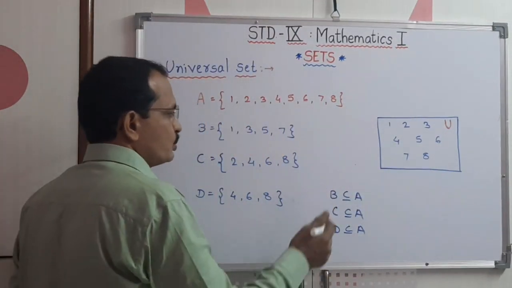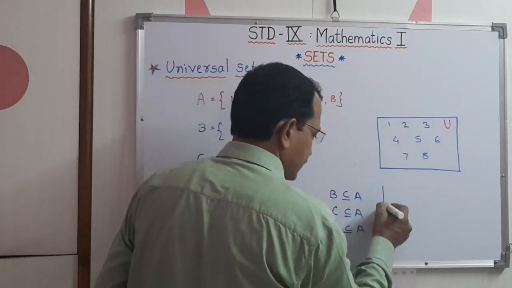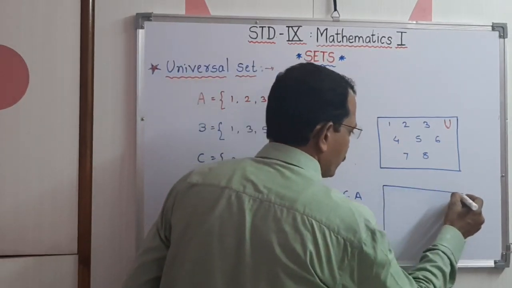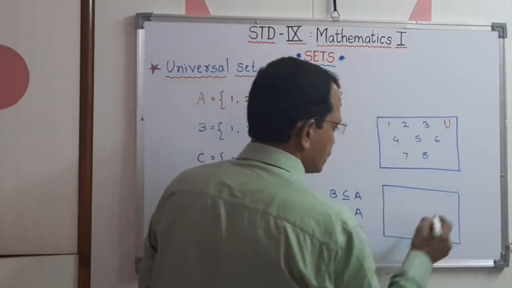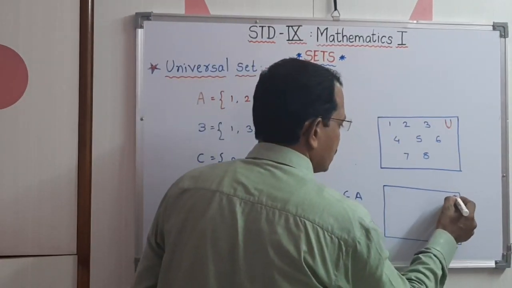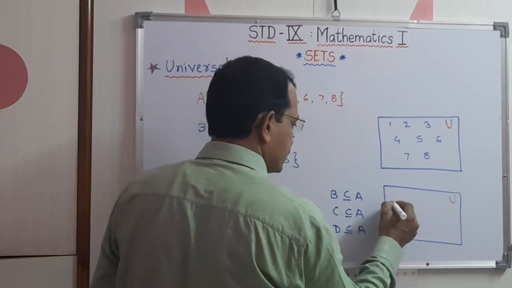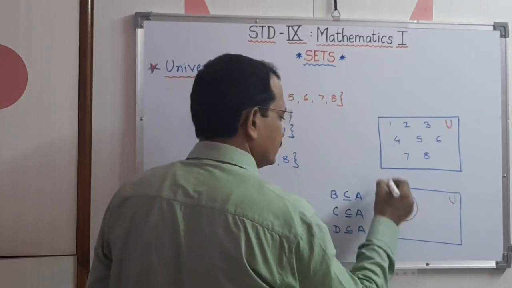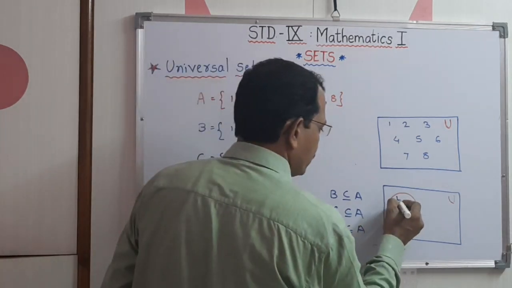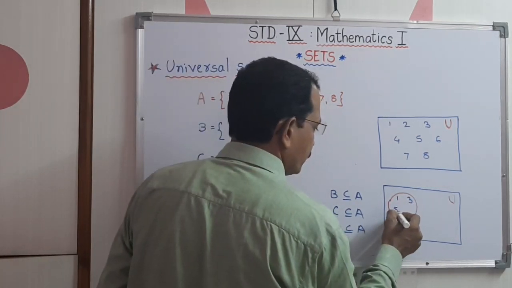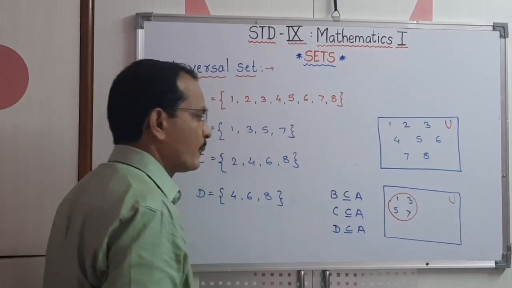Now, suppose we have to represent these sets. Here I write this universal set. In this universal set, suppose I draw one set, and in this set I write 1, 3, 5, 7.